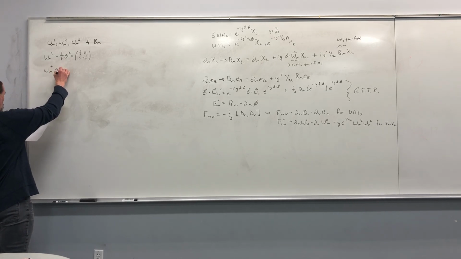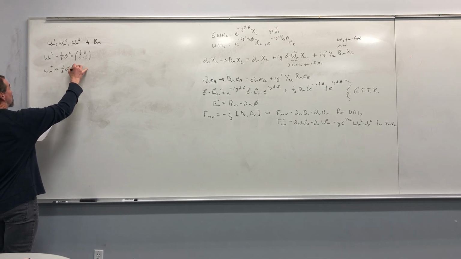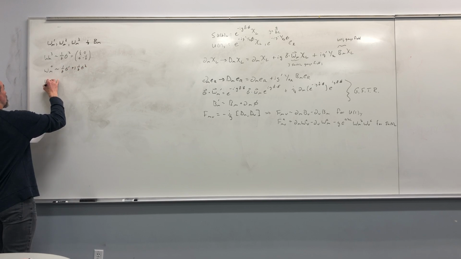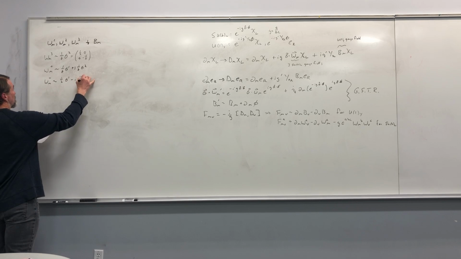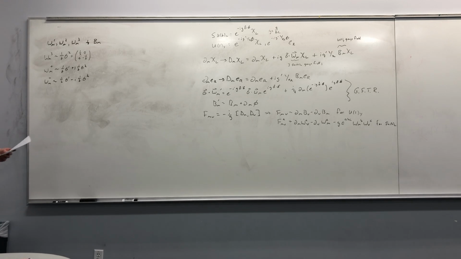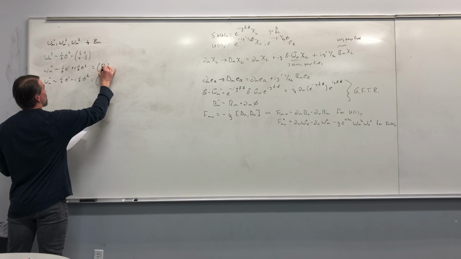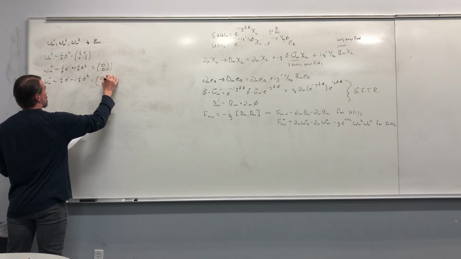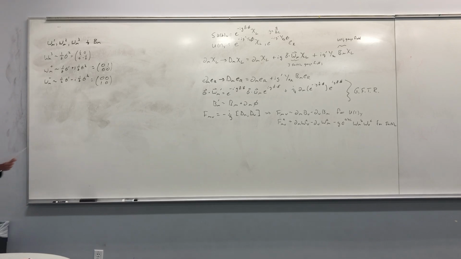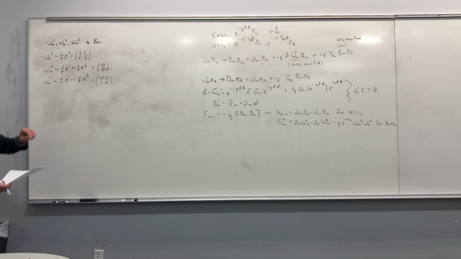Let's combine them into W mu plus, which is 1/2 sigma 1 plus i 1/2 sigma 2, and then W mu minus, which is 1/2 sigma 1 minus i 1/2 sigma 2. Hopefully you've seen this sort of manipulation in many contexts. In this case, the matrix becomes 0, 1, 0, 0, and in this case it becomes 0, 0, 1, 0. Okay? So really simple matrices from these linear combinations. And then this is obviously a simple matrix.